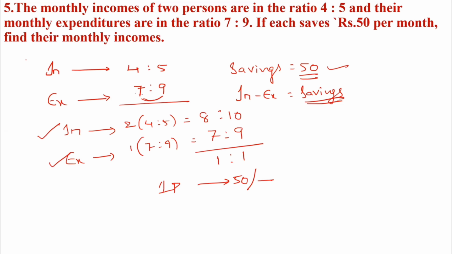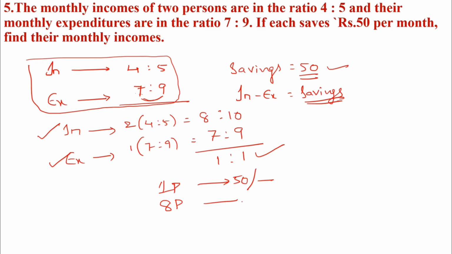We should not consider these values, because we have changed these values in order to equate the savings. So 8 parts is equal to how much? 8 into 50 is 400. Next, 10 parts into 50 means 500. So 400 and 500 is the answer.